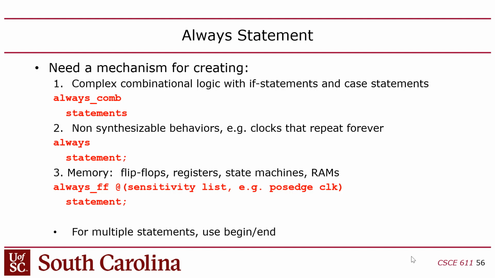Or if you really want to get old school, you could say always at, and then in parentheses you can explicitly lay out your inputs. Like if this is C and this is D, you could say C comma D, right? Make sense?